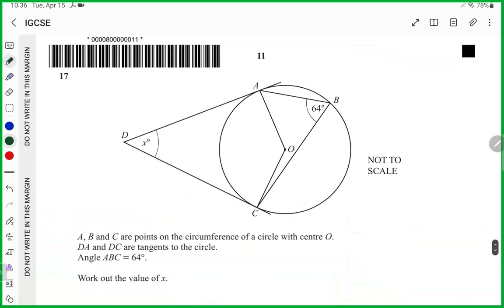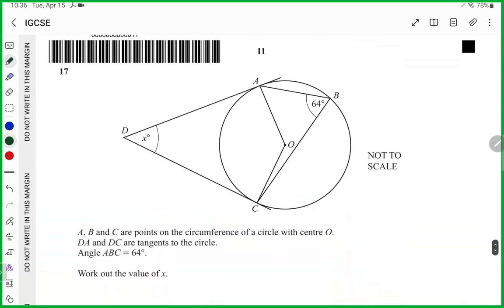Question number 17. We use the property that the angle at the center is always twice the angle at the circumference. So the angle subtended by this arc would be this. If this is 64, this has to be 128, double of it. Now, since this is 90 and this is 90, and this is a quadrilateral BACB, the sum of x and 128 is always equal to 180.